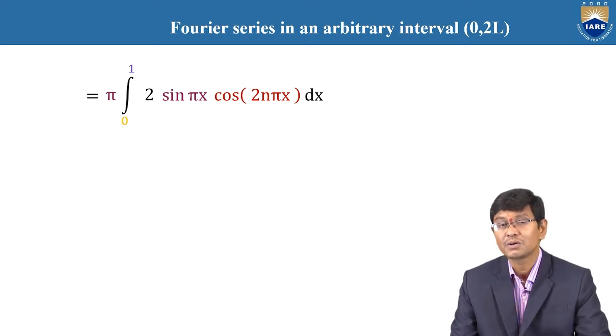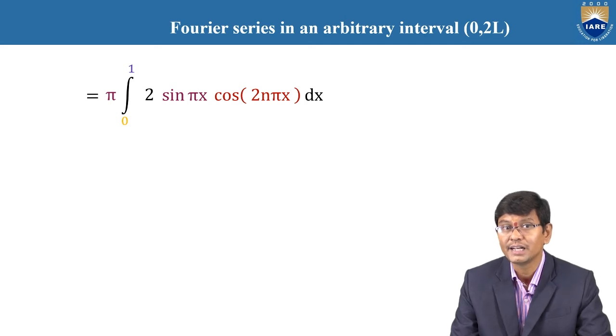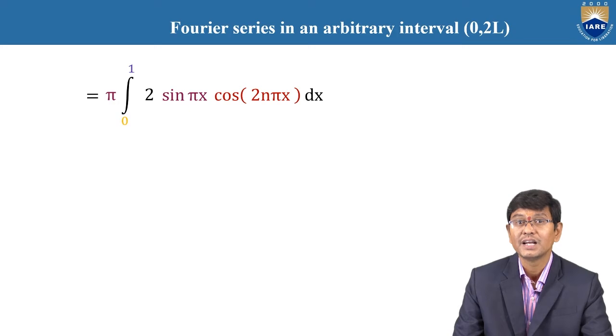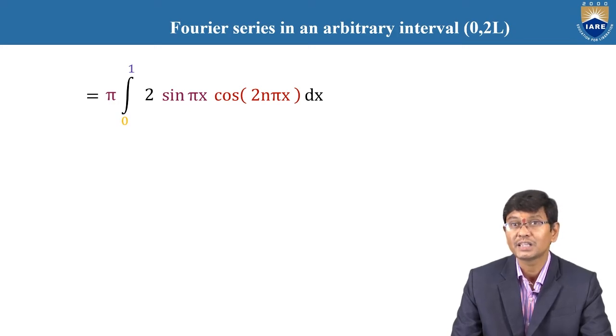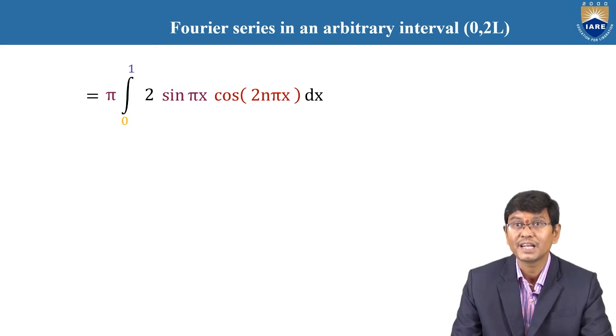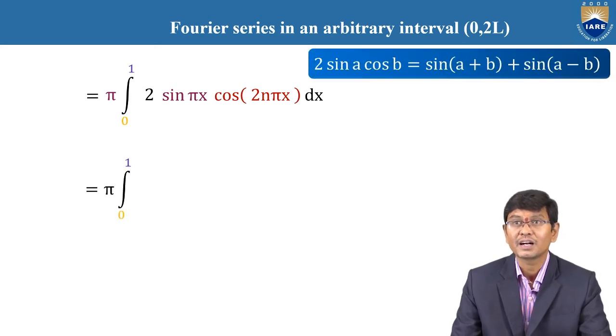When we observe this problem, it is integration by parts. Before applying integration by parts, it clearly satisfies the form 2 sin a cos b. As we know, the formula for 2 sin a cos b is sin of a plus b plus sin of a minus b.